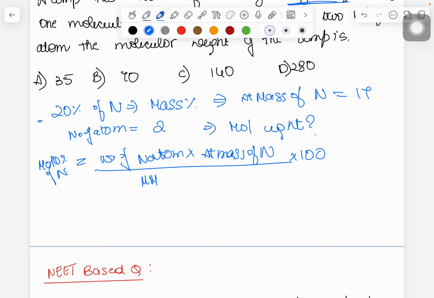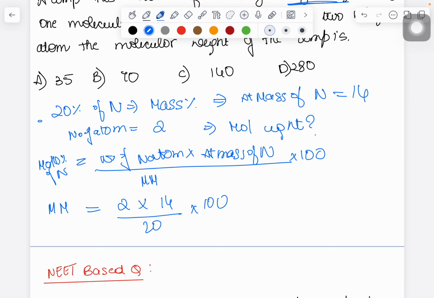If you move the molecular mass to this side and the mass percentage to that side, the molecular mass is equal to the number of nitrogen atoms, 2, into the atomic mass 14, divided by the mass percentage of nitrogen, 20, into 100.